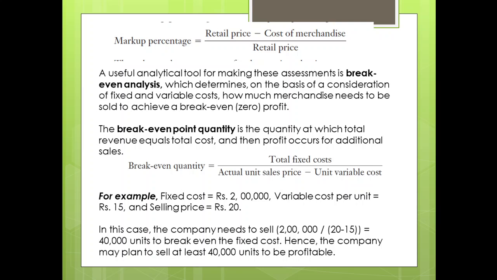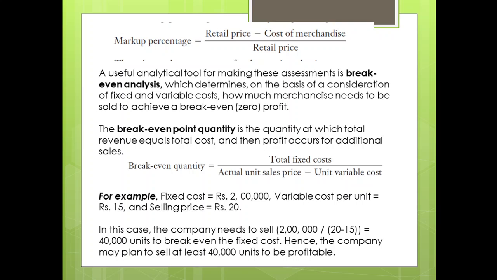We can get to know from this formula, and it needs to sell 40,000 units to break even on the fixed cost. Beyond the 40,000 units, the 40,001st unit will be the first profitable unit it makes after this break-even point.